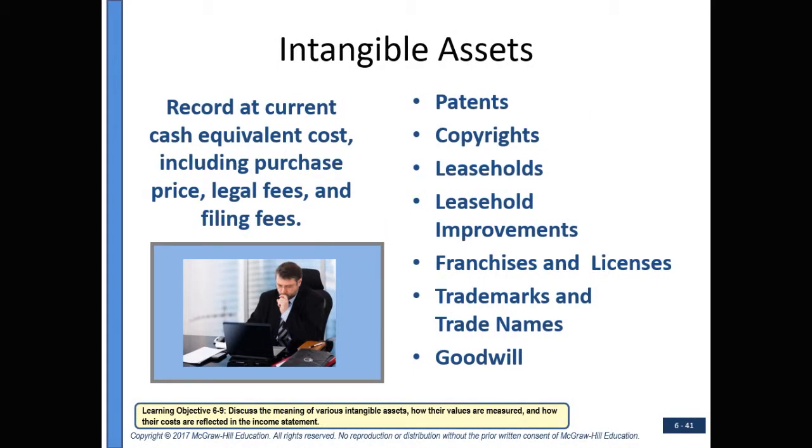Intangible assets are recorded at current cash equivalent costs, including purchase price, legal fees, and filing fees. So it's very similar to plant, property, and equipment. Some of the intangible assets you are likely to encounter at some point in your life, or may have some awareness of, are patents, copyrights, leaseholds, leasehold improvements, franchises and licenses, trademarks and trade names, and goodwill.